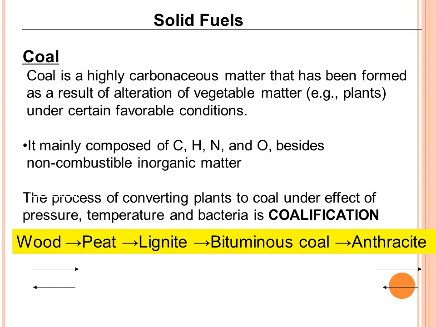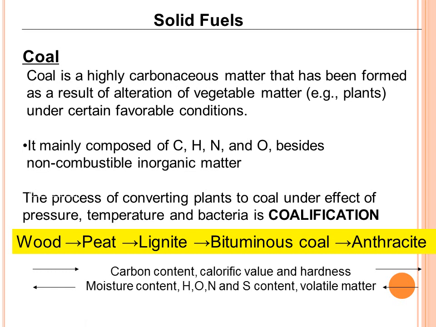As we go from wood to peat to lignite to bituminous coal to anthracite, carbon content, calorific value, hardness, black color and luster increase. And from peat to anthracite, moisture content, hydrogen, oxygen, nitrogen, sulfur and volatile matter go on decreasing.